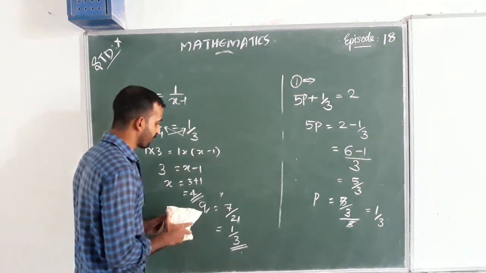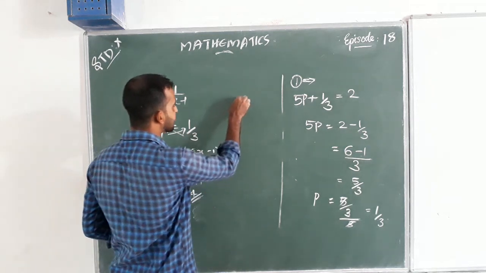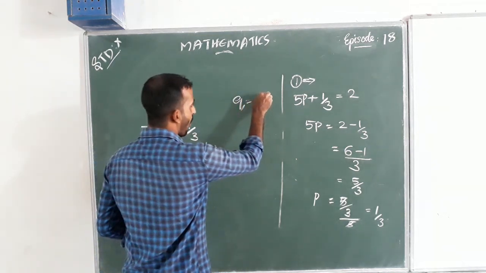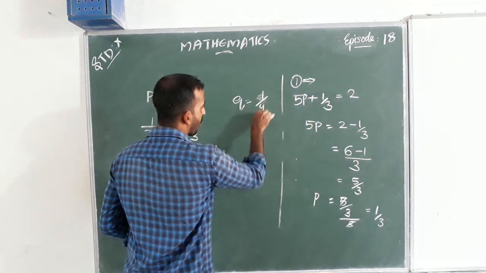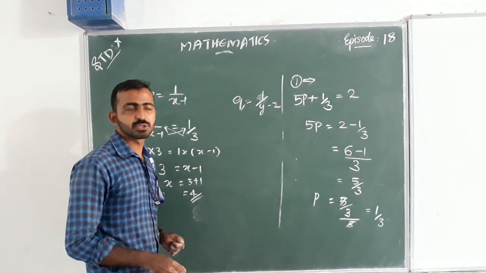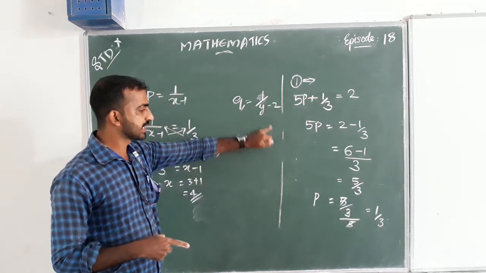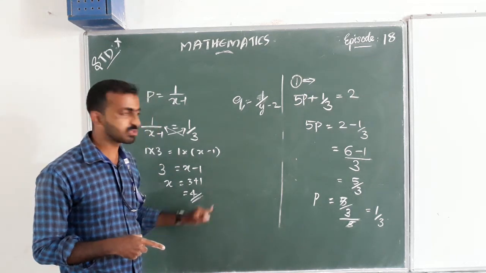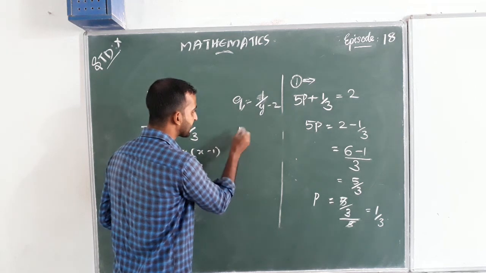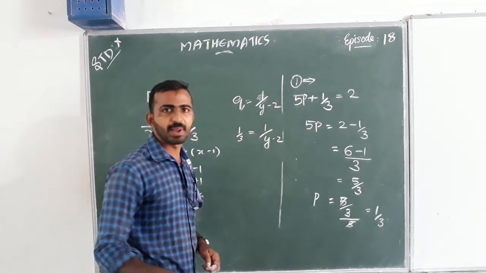And what is the value of y? What is our q? q means 1 by y minus 2. What is the value of q? q is 1 by 3. So we can write 1 by 3 equal to 1 by y minus 2.